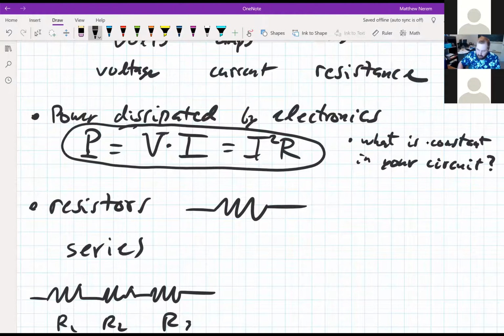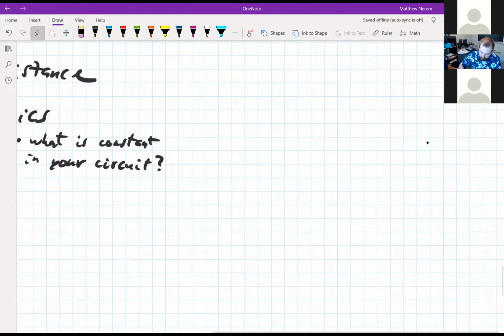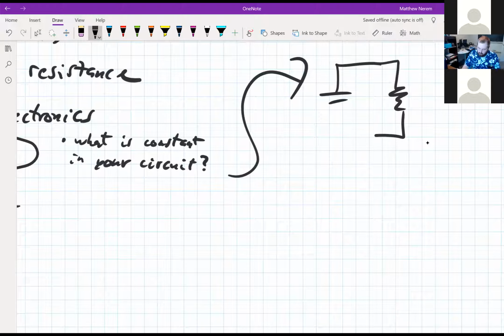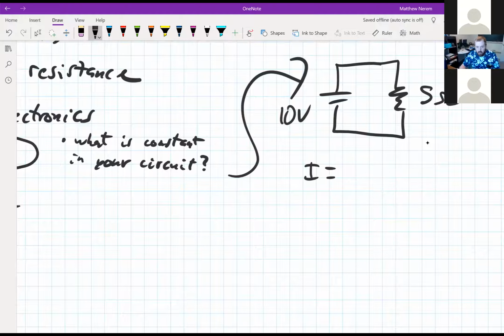Let's make up an example on the spot. Let's say here's my circuit. Nice and simple. 10 volts, 5 ohms. Current in this guy is going to be 2 amps.